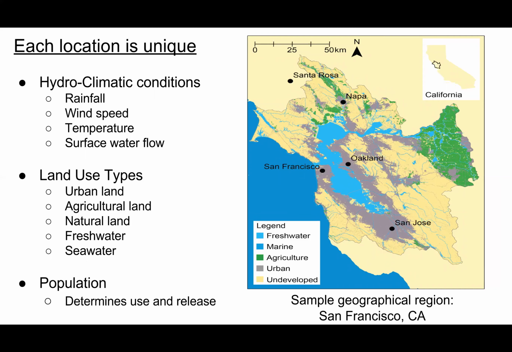We've also separated our land use types into 3 different types: urban, agricultural, and natural, which you can see an example of on the right for the greater San Francisco Bay. And the reason for this is because things like use and release of a chemical aren't going to be constant across all land use. They're going to vary depending on your region and your land use type. In addition to that, we also account for population of the given region to incorporate better predictions of use, release, but then also toxicological impacts.